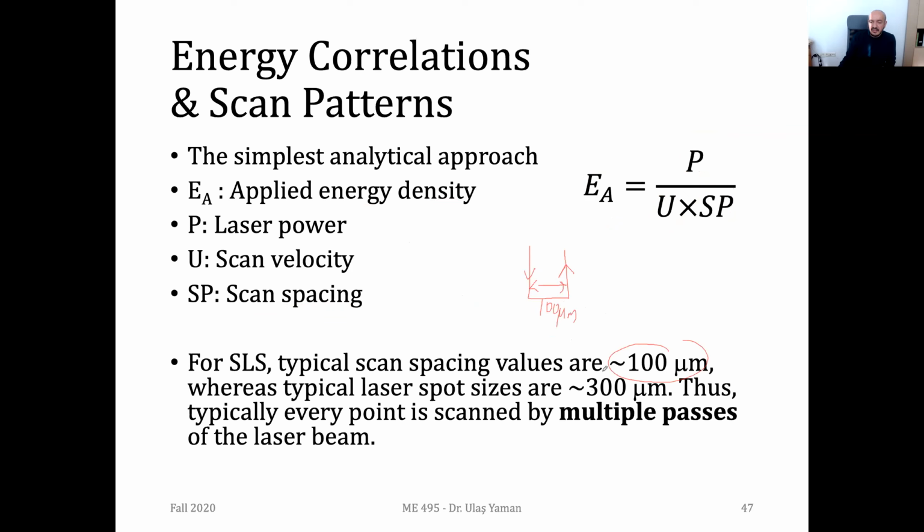But if you are using a laser beam with, let's say, a spot size of 300 micrometers, then obviously, while this one is moving, if this is the center of the laser, you have multiple passes over all the points. And so you should be careful about it. You should know all these parameters and try not to melt maybe the previous layers or the regions where you have already done the fusion operation.